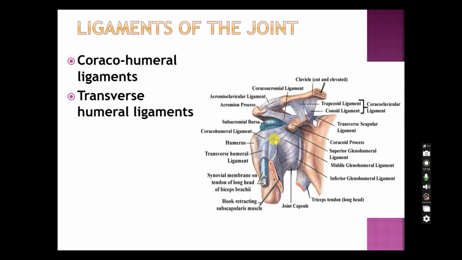The upper attaches to the upper part of the lesser tubercle, the middle one attaches to the lower part of the lesser tubercle, and the inferior attaches to the anatomical neck of the humerus. These are strong ligaments keeping the head of the humerus and the scapula in contact by acting as a thickening of the capsule.